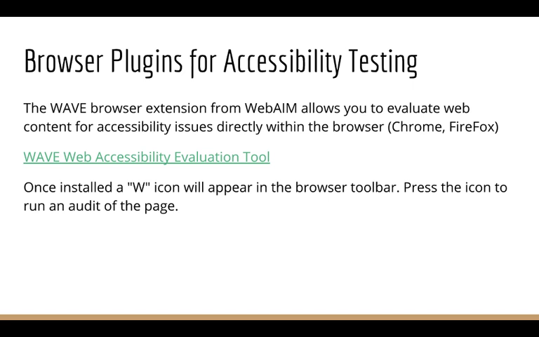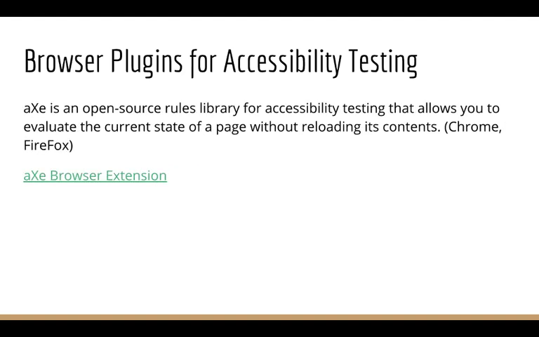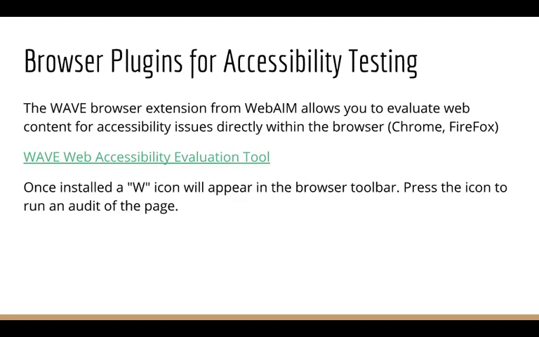This is another browser plugin. All the links are available in the slides. This one, the Wave browser extension, allows you to evaluate web content for accessibility issues directly in the browser on Chrome and Firefox, and it'll go into your toolbar.